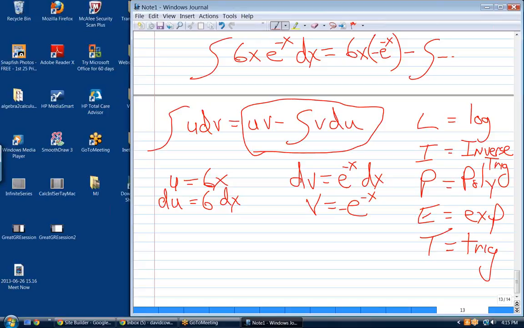Negative e to the negative x times 6 dx. Okay? That's an integral we can do. Notice that I can remove the 6 and I can integrate that real easily. So I've been able to take an integral that I couldn't do and turn it into an integral that I can do.